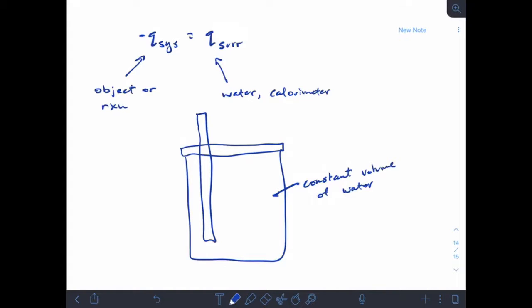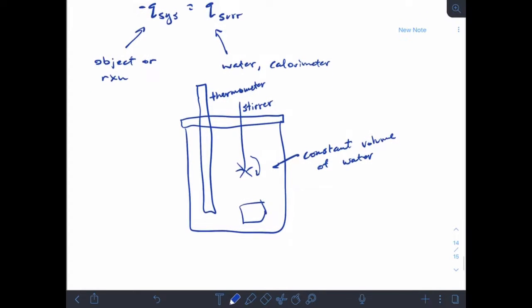We're not losing any heat to the surroundings. Typically we'll have some sort of stirring device. And we may have a block of metal or some sort of object, or we may mix things in here as a pair of solutions and measure the temperature change.